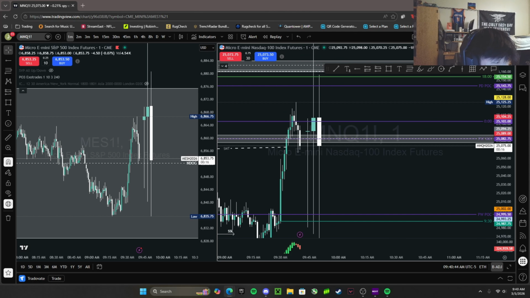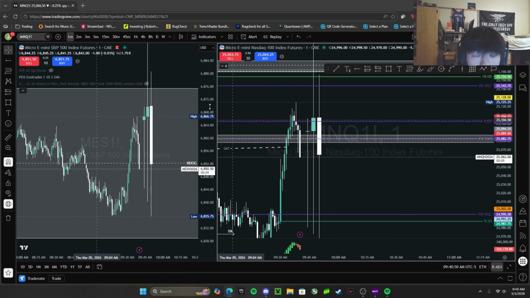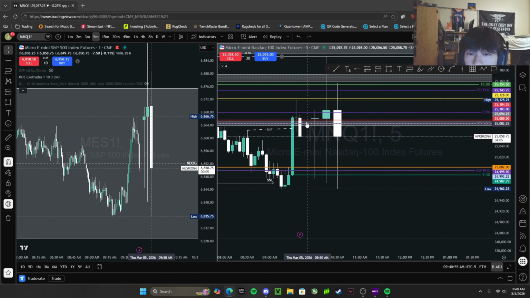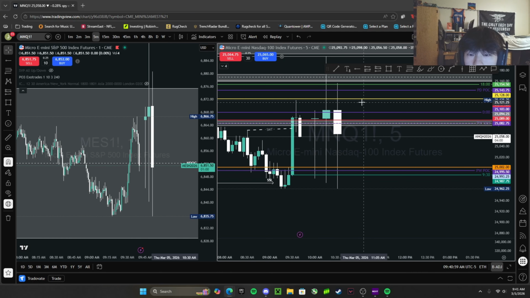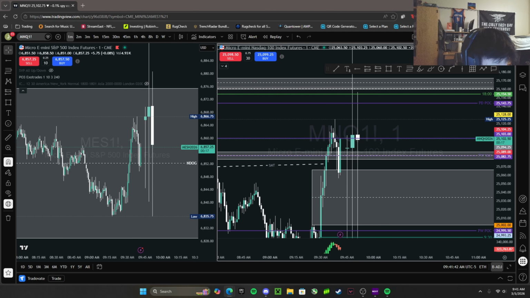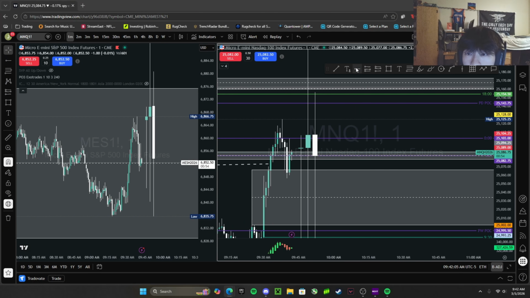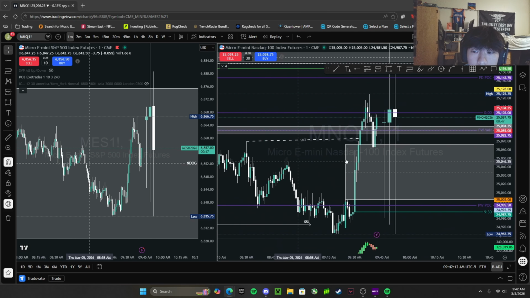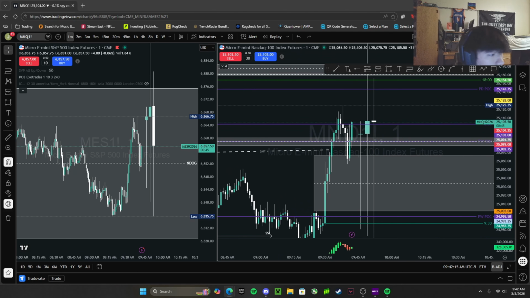Alright, so we got swept out, but happens. Huge reject candle on the 5 minute, power of 3. That was an unlucky stop right there. Would have hit full TP.